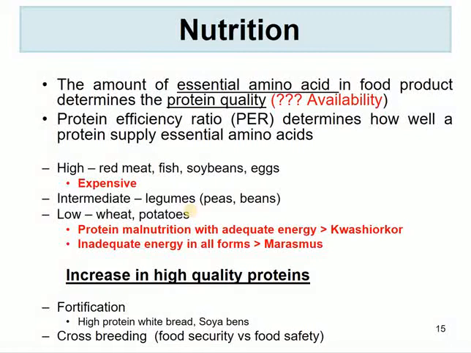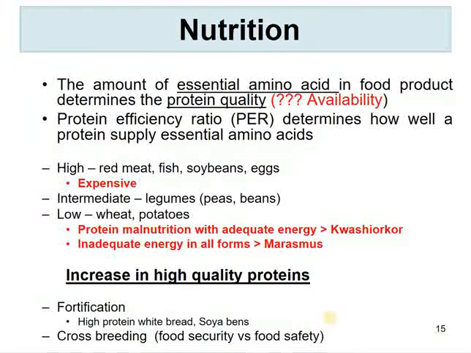food. So how do we go about ensuring that even if the people are consuming food products that are known to have low quality proteins, they are still getting their protein content? That is done via fortification, whereby with the wheat bread, you have a high protein white bread because it's been fortified with soybean flour, so that even the people that cannot really afford other sources, then they can afford this.